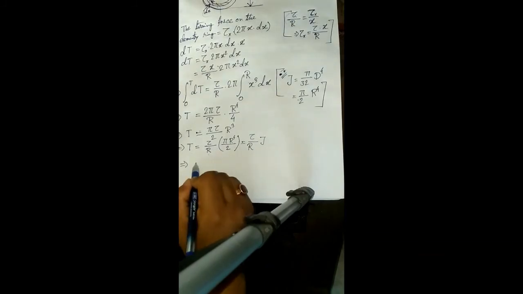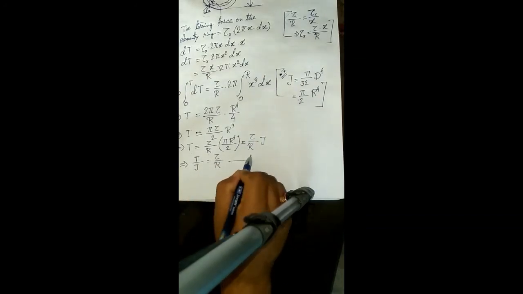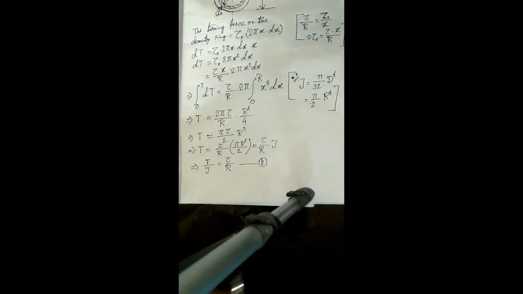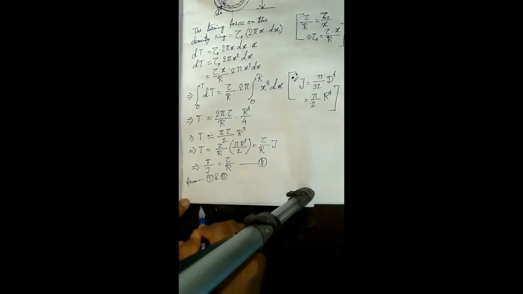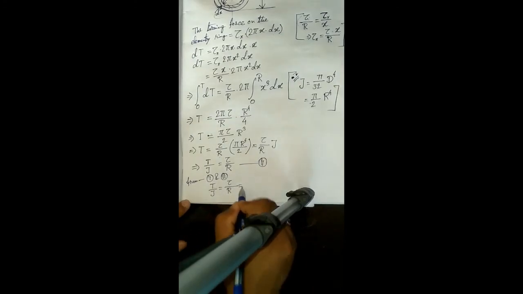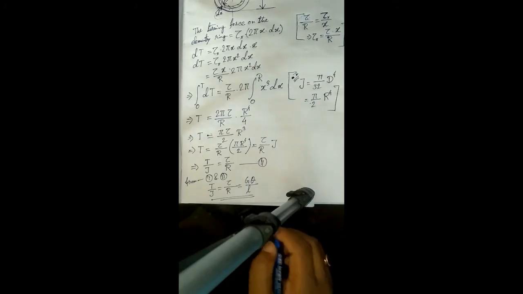So we can write T by J equals tau by R. This is equation 2, and from equations 1 and 2 we can write T by J equals tau by R equals G theta by L. This is the torsion equation.